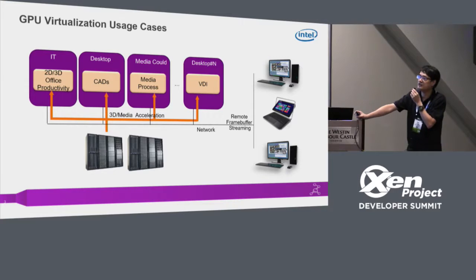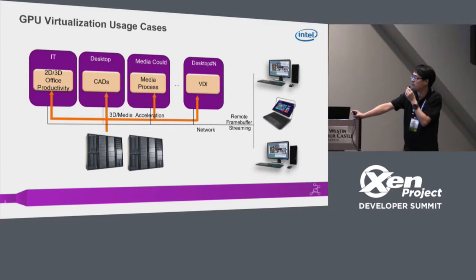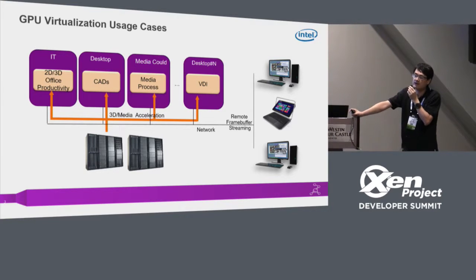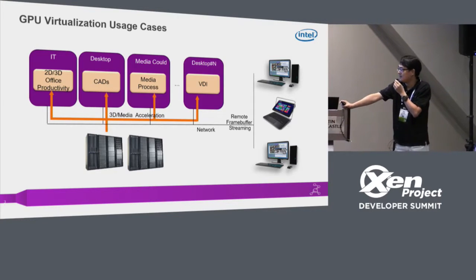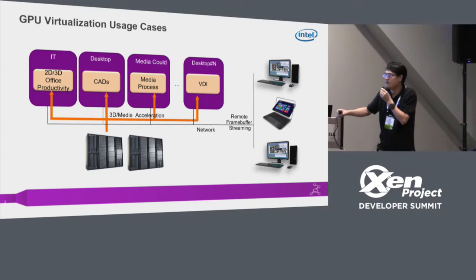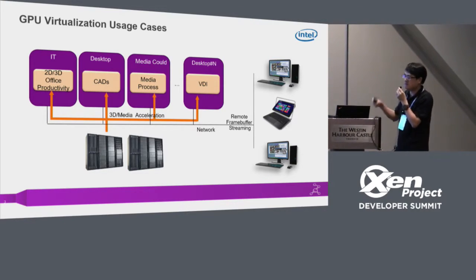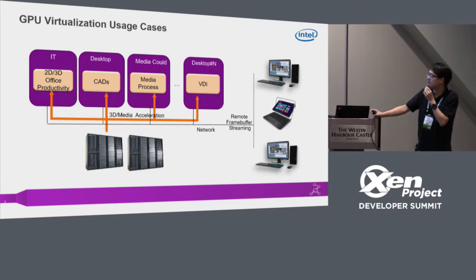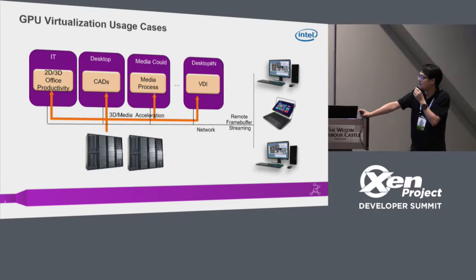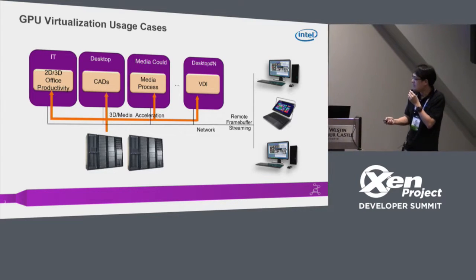This brings a new usage model for GPU virtualization, and also remote CAD, and 2D or 3D office productivity. For example, you have many VMs, and every VM opens a browser, and the browser may need 2D rendering. That is using GPU acceleration instead of the CPU side.